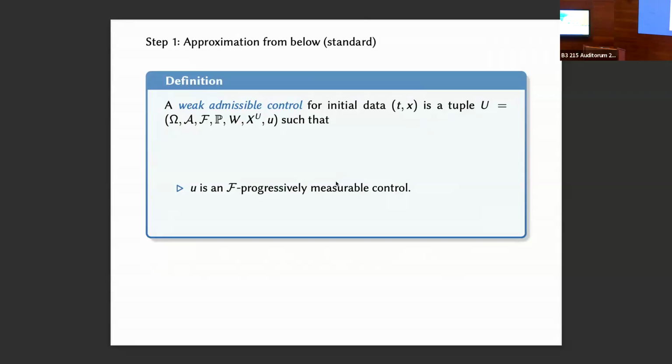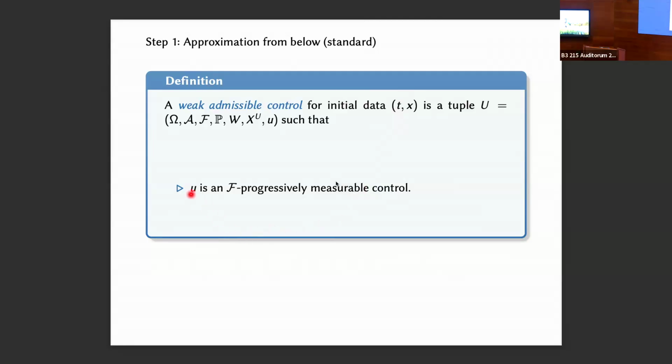Approximation from below. Now I formally define what I mean by weak formulation. There are many, many different ways that you can formulate a stochastic control problem in a weak sense. This is probably among the most general or weakest ones that you can come up with. The idea is roughly you fix your initial data, t, x.